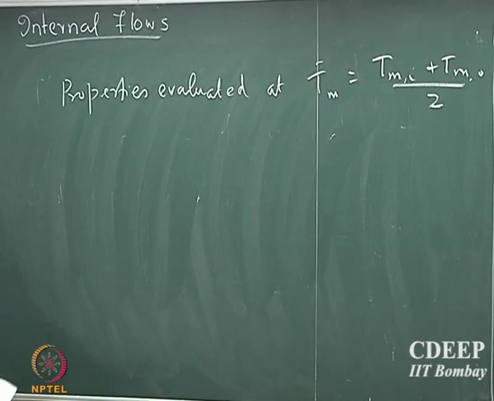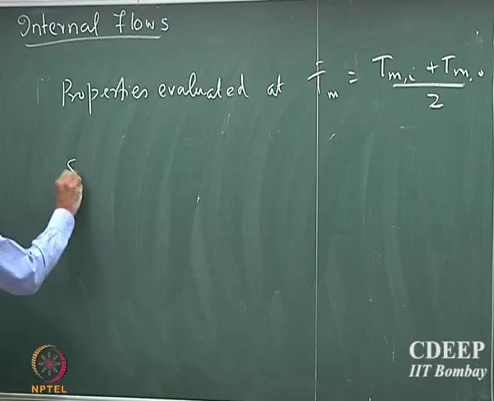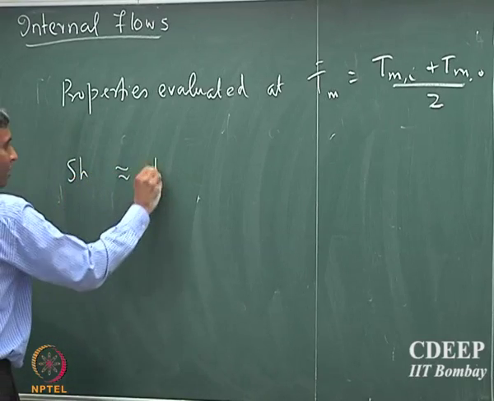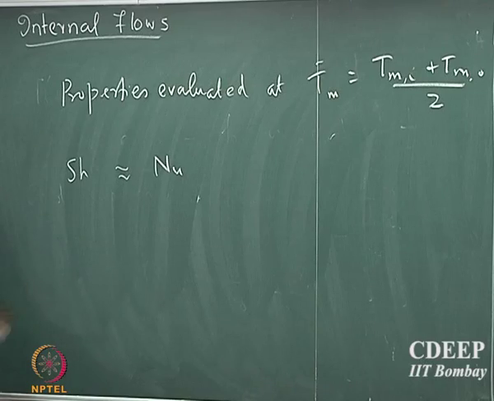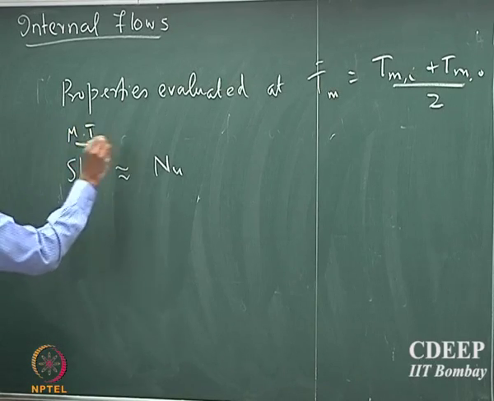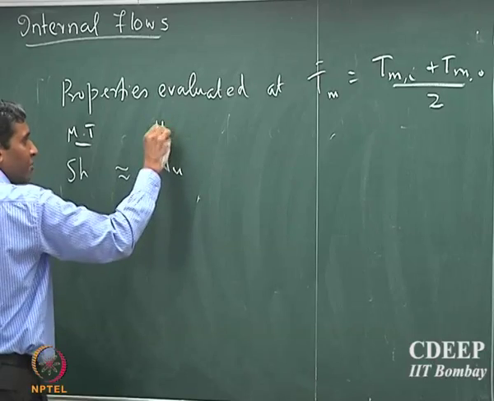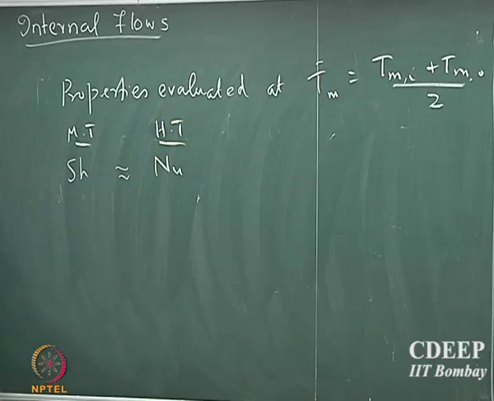Now, one could actually extend this to a mass transport problem. Okay. How do we extend this? By boundary layer analogy, right? So we know that we have boundary layer analogy. So Sherwood number is the equivalent for Nusselt number in heat transport. So if we have mass transport and heat transport, Sherwood number and Nusselt number are equivalent to each other.